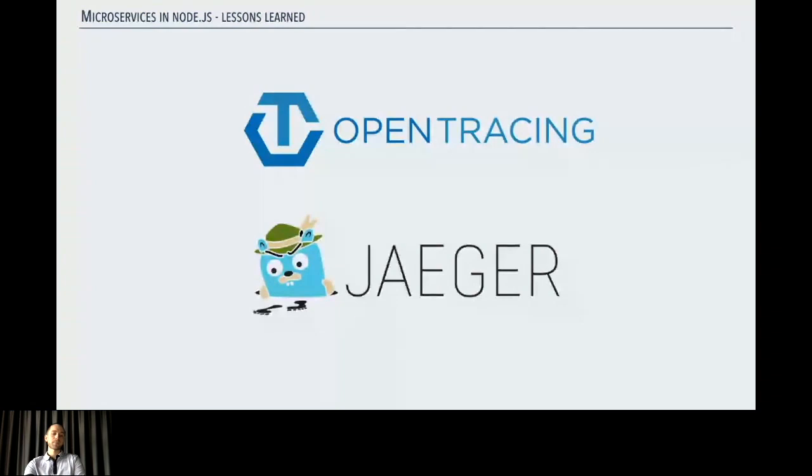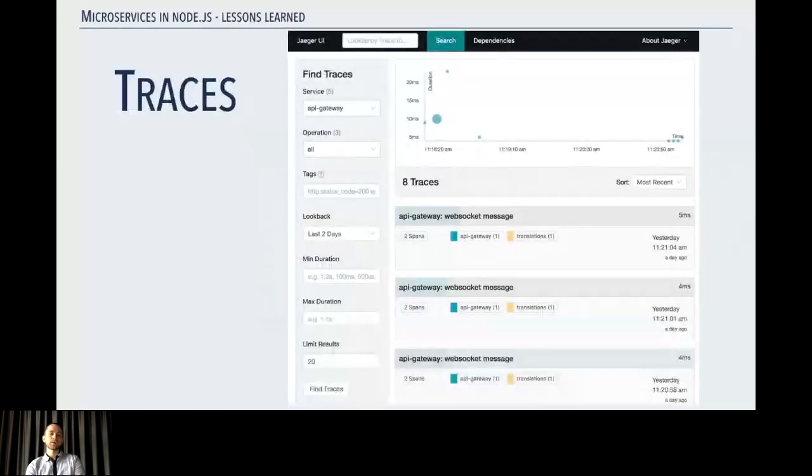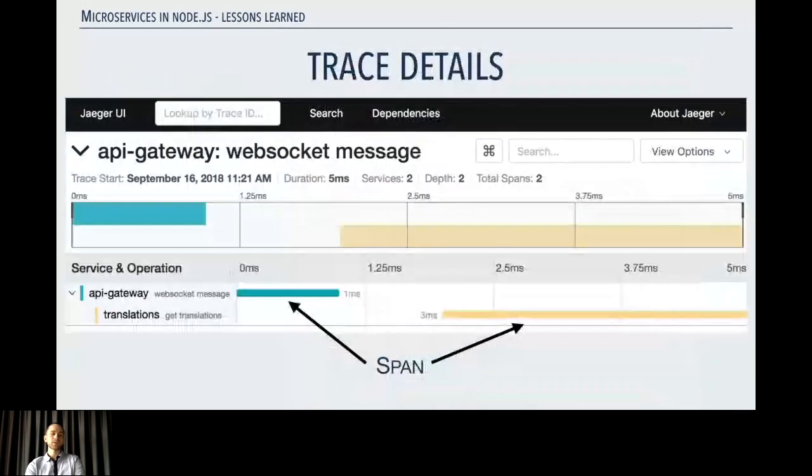And JAEGER also provides a quite useful user interface. First of all, it allows you to find all the traces in your system. And when you click a particular trace, you can find details about it.